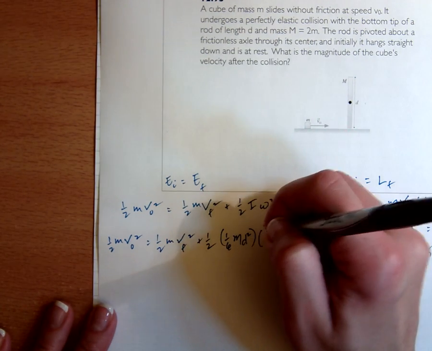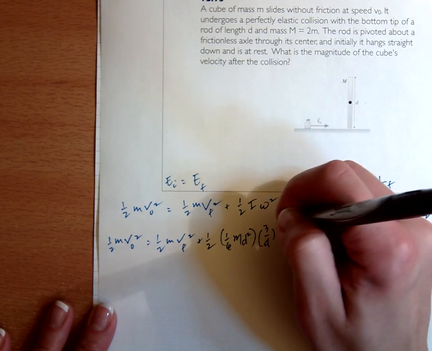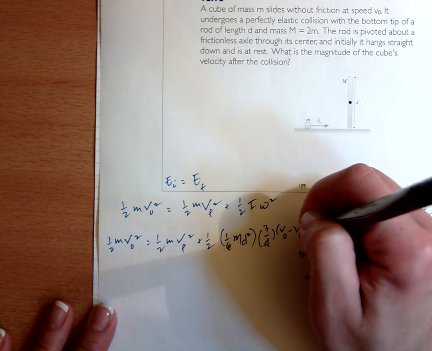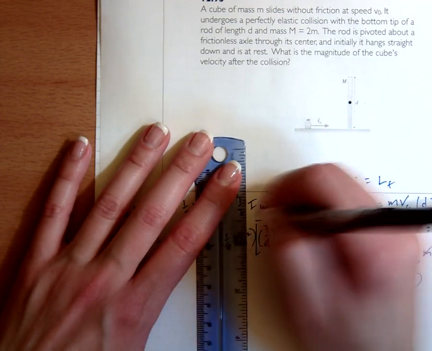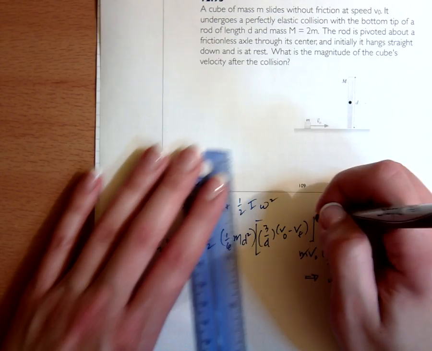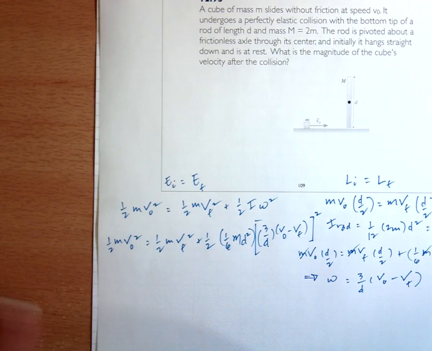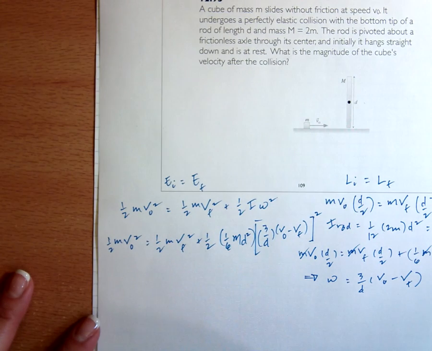So you have 3 over d times (v initial minus v final), and all of that is squared.